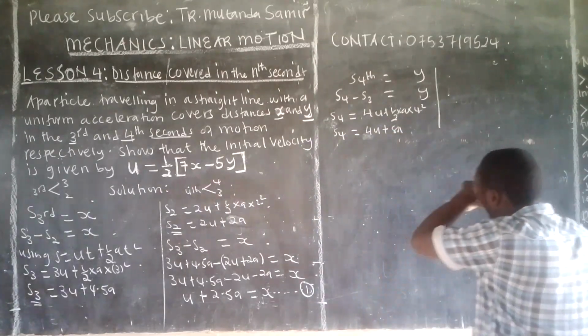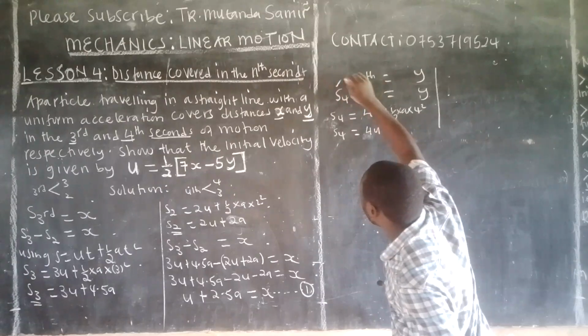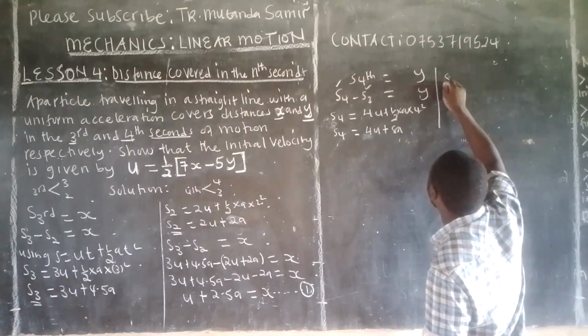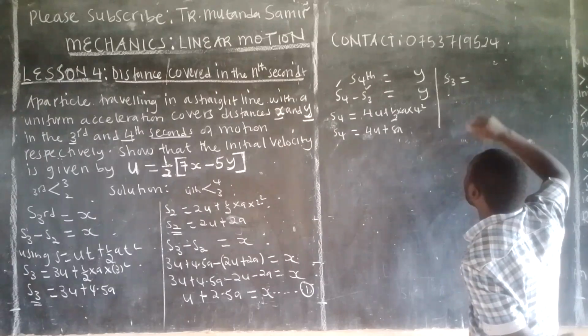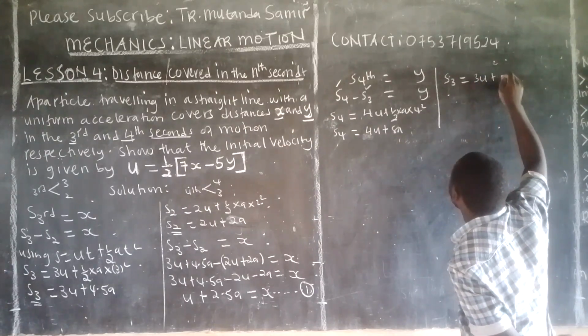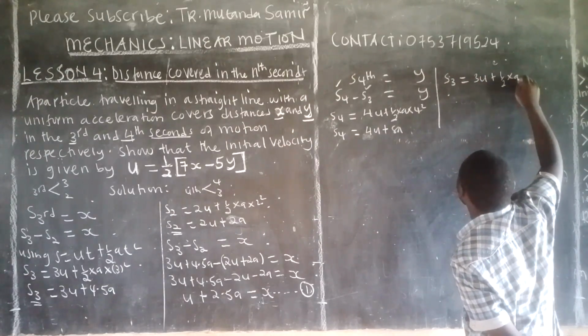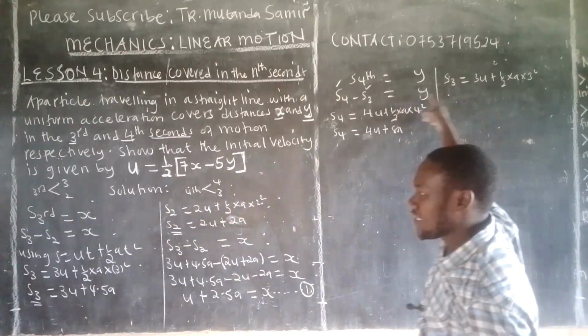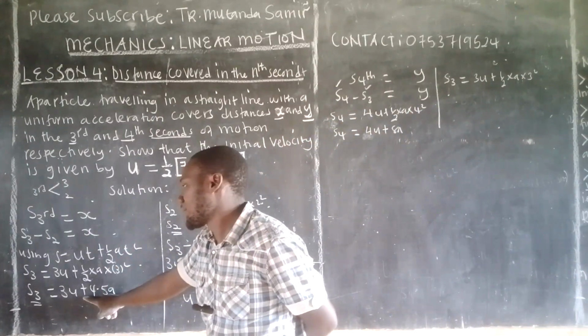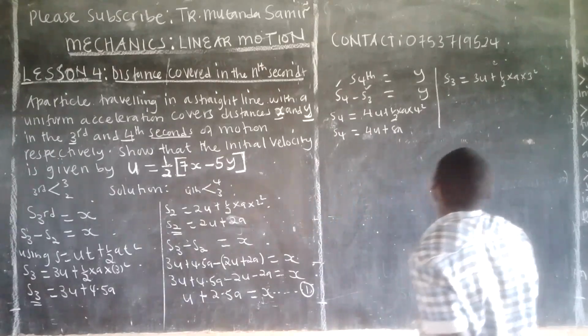We already have s at 4, and now I want to get s at 3. s at 3 will be equal to 3u plus a half times a times 3 squared. If you look at this, s3 is the same as the one here.